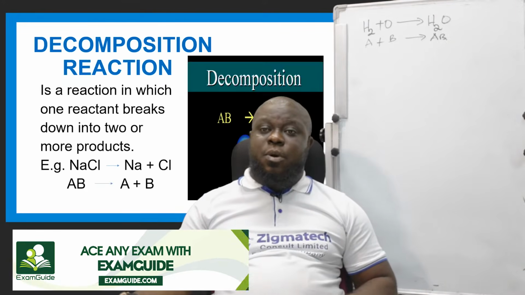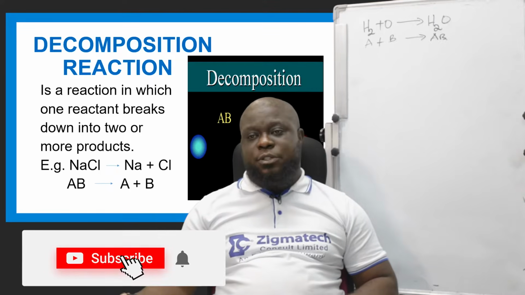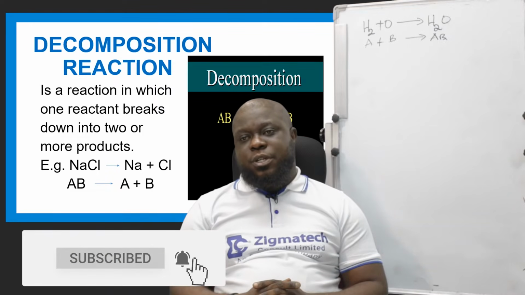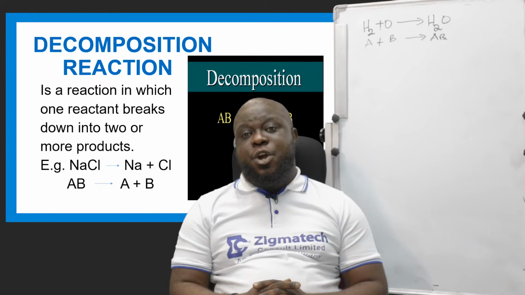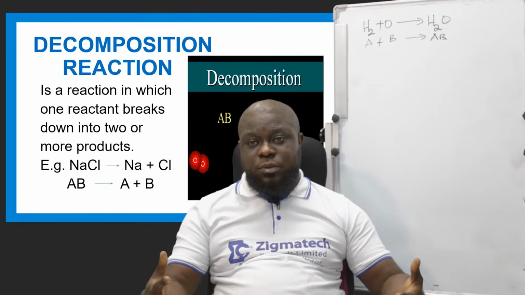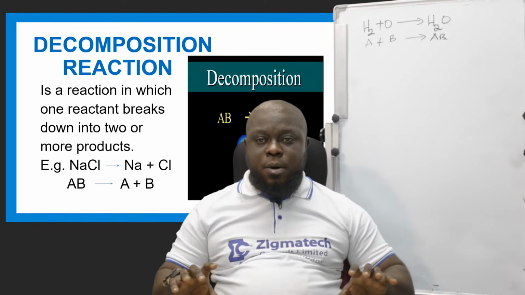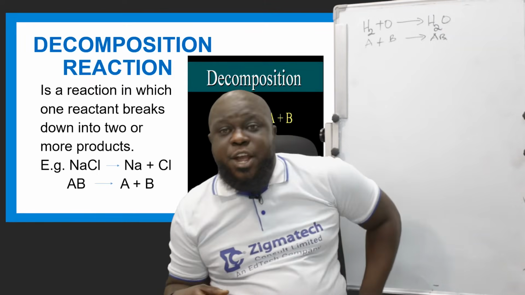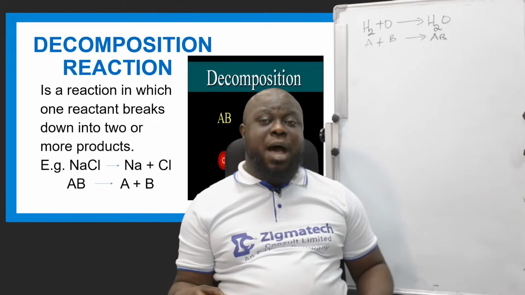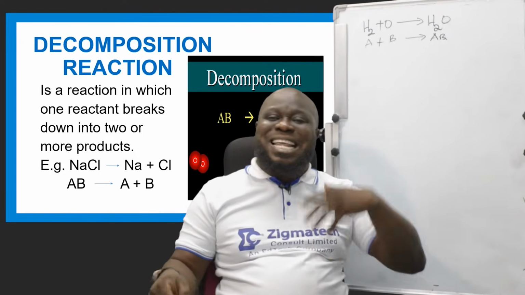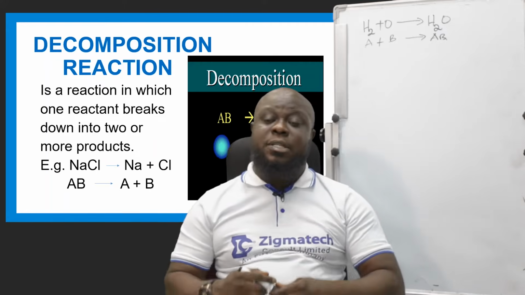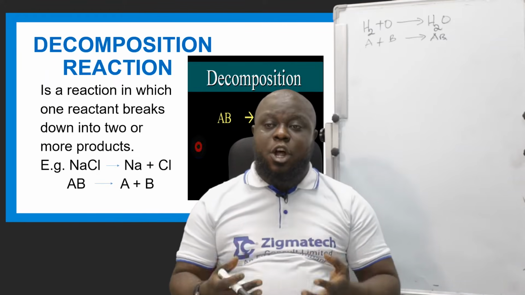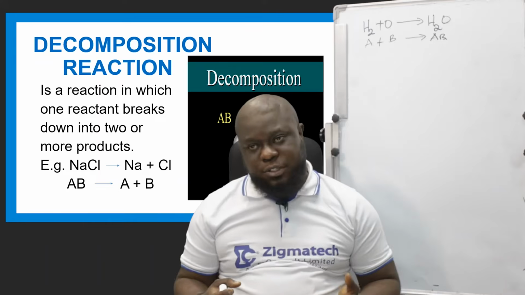Now, the next one is decomposition reaction. As you can see on your screen, it is a reaction in which one reactant breaks down into 2 or more products. In essence, this reactant is a compound, because an element, we know, cannot be broken by any chemical process.